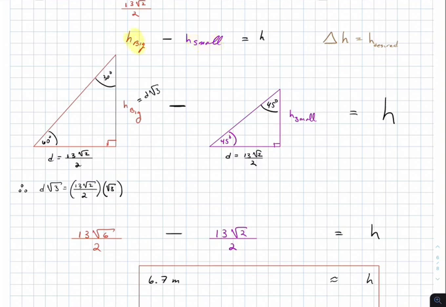Now let's look at the height for the big. Well, that one entails dealing with a 30, 60, 90. So the legs are a little different. So it takes a little more work, right? But not a big deal. We know the side that's opposite the 30-degree angle. And that's important.